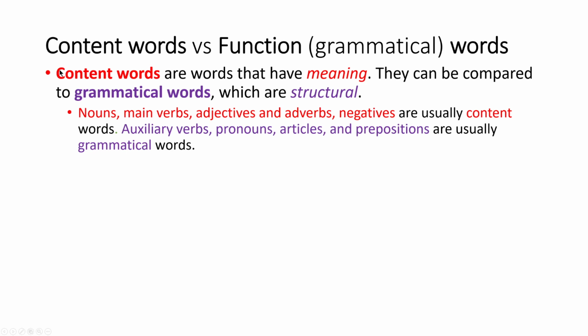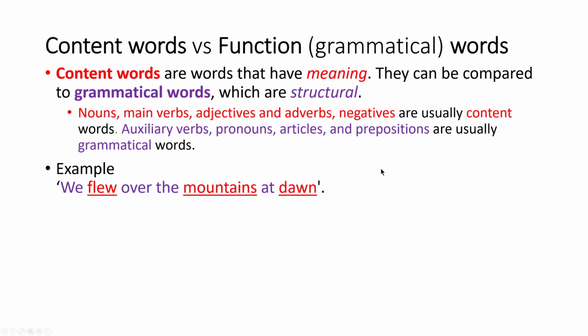But if we remember that content words are nouns, verbs, adjectives, adverbs, and if we have a negative, we also will stress negatives, I think that will really help us out. What I mean by auxiliary verbs here are things like can. If we have two verbs together, can go, we're going to stress go. We're not going to stress can.